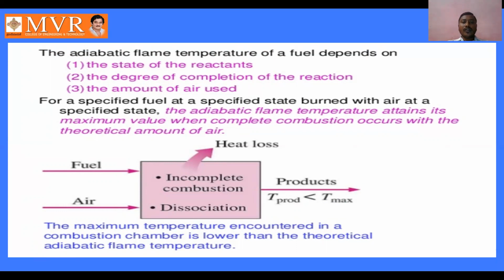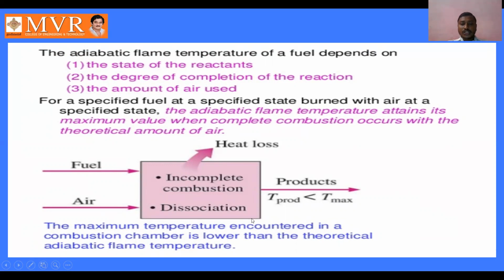For a specified fuel at a specified state burned with air at a specified state, the adiabatic flame temperature attains its maximum value when complete combustion occurs with the theoretical amount of air. When we study theoretically, complete combustion is done here. Here we can observe that fuel and air are entering, and incomplete combustion has been done.